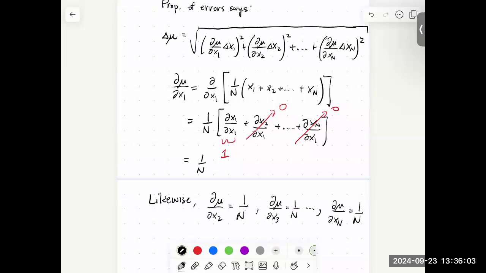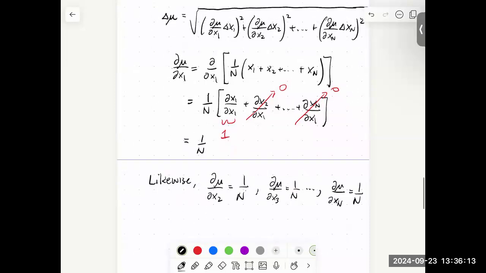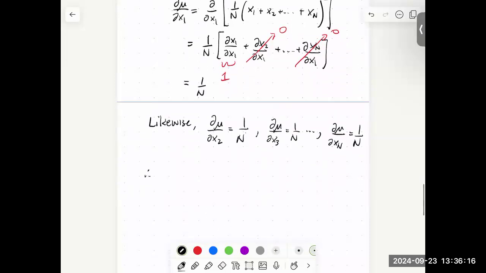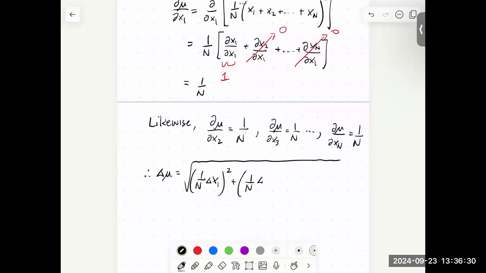So in this expression, wherever you have these derivatives of mu, it's always just going to be 1 over n. Therefore, the uncertainty in mu is going to be the square root of these terms. So it's going to be 1 over n delta x1 plus 1 over n delta x2.